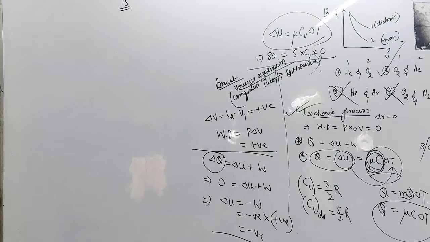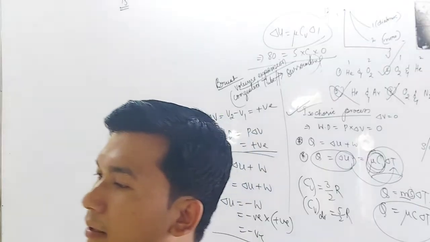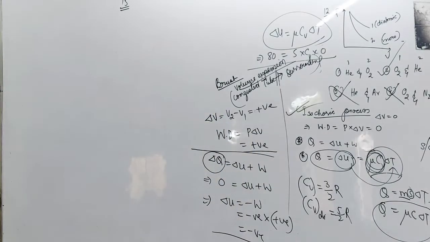The temperature will be decreased. In adiabatic expansion, the temperature decreases. Don't forget this. That is why when the tube of the wheels is burst, it produces a cooling sensation.